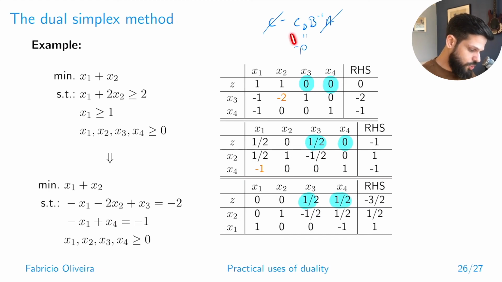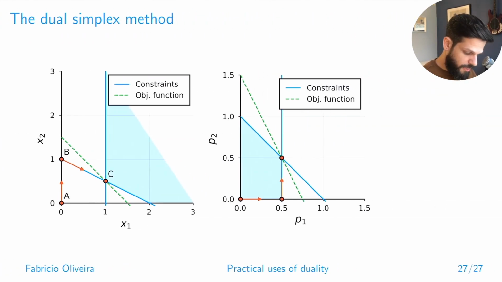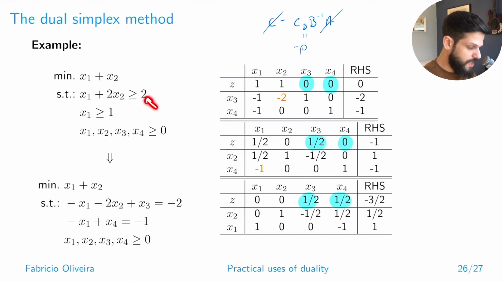Now, this is an issue, because for this to match in sign with the actual value of the dual variables, it depends whether you started with a greater-than-or-equal or less-than-or-equal constraint, and whether you multiplied it by minus 1 or not. Because we did this trick of multiplying by minus 1, these values will not truly match your dual variable signs.